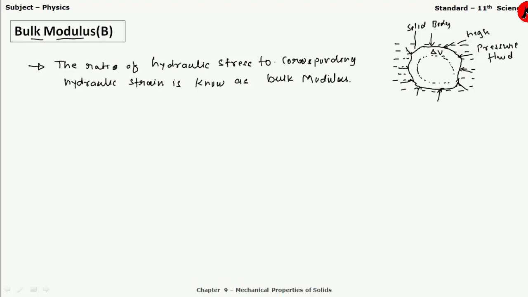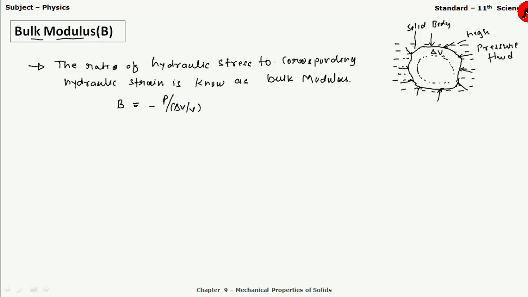Right, and we know it is defined by symbol B. Now in terms of equation, bulk modulus B is defined as P by delta V by V, but keep in mind this value is negative, because when the pressure is applied on the solid body, the volume of the body is decreased.